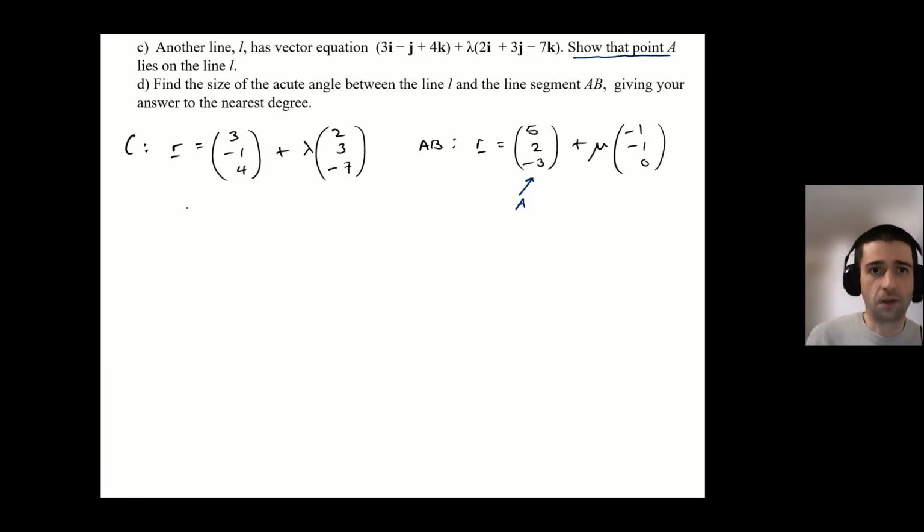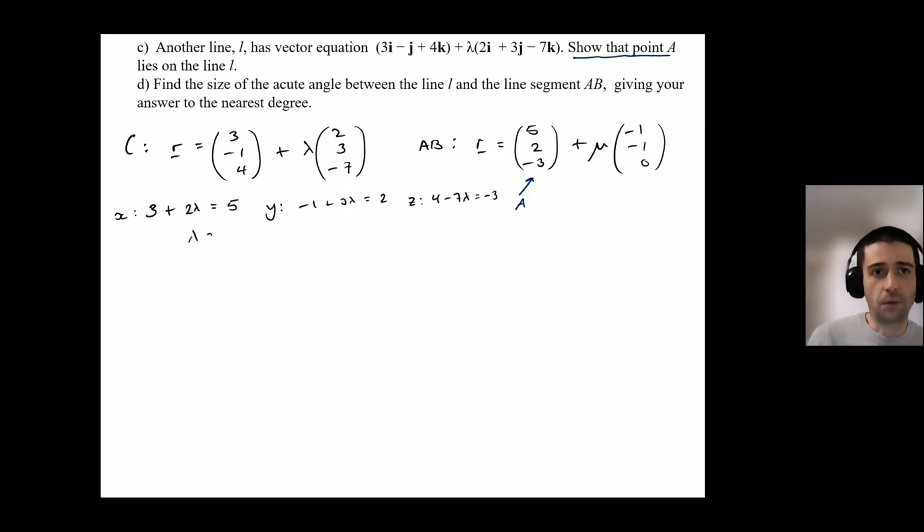So first off, I'm going to write 3 plus 2 lambda equals 5. That's setting up an equation in x. I'm then going to set up an equation in y, which is negative 1 plus 3 lambda equals the y coordinate here, which is 2. And I'm going to set up an equation in z, which is 4 minus 7 lambda equals negative 3.